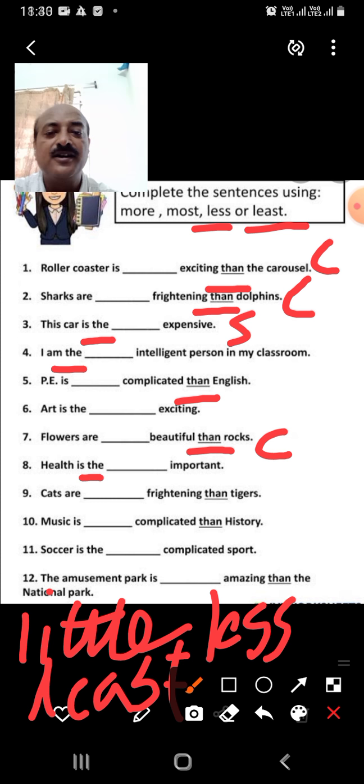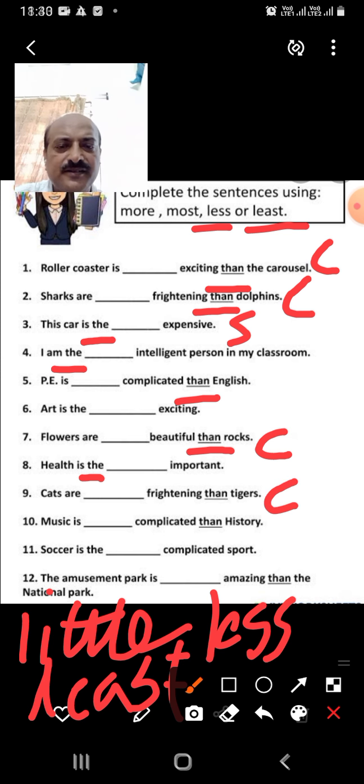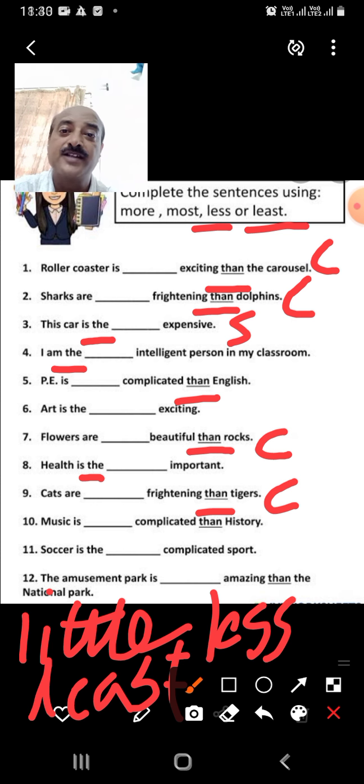Health is the most important. Cats are, then it is out here underlined. So cats are less frightening than tigers, isn't it? Out here it will be less. Why? Because we know tigers are the most frightening. We can see them only in the cage, but cats we can see on the road, they are afraid of us and they run away.